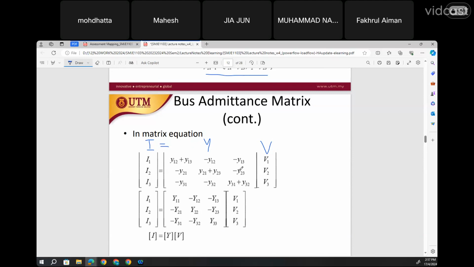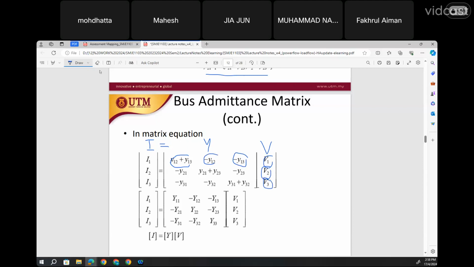The size of the I matrix and V matrix is supposed to be aligned with our admittance matrix, because this admittance matrix comes from the equation of I, which also consists of information of the voltage. So if you do the math, I1 equals this times this plus this times this plus this part times V3.